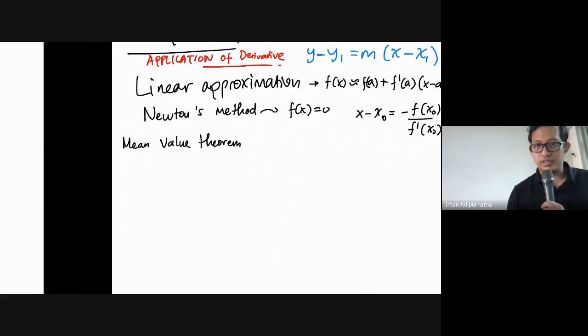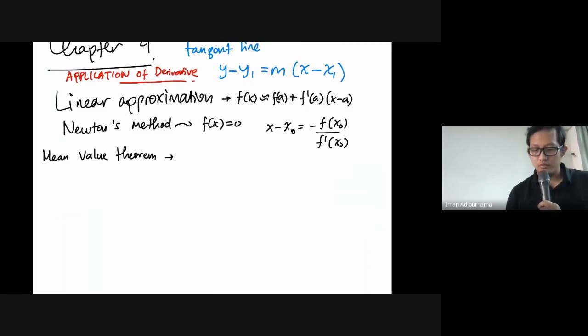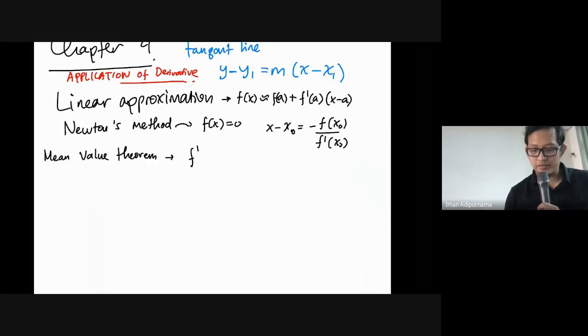From the same line equation, we can now observe the f prime. In the mean value theorem, we need to find the c in between a and b.